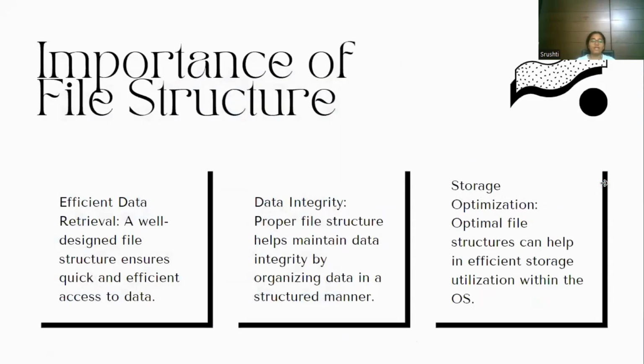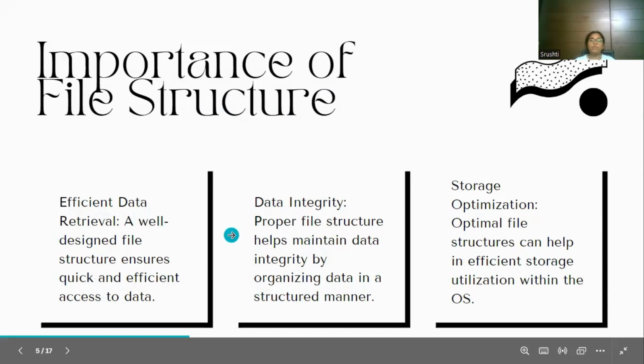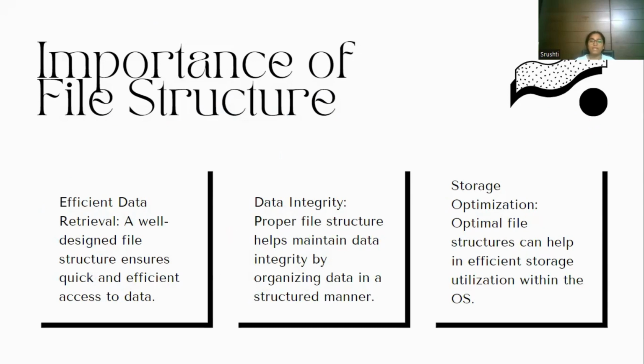The importance of file structure. It is very important to have a proper file structure in the OS or in a computer. First one is efficient data retrieval. A well-designed file structure ensures quick and efficient access to data. Data integrity is the second one. Proper file structure helps maintain data integrity by organizing data in a structured manner.